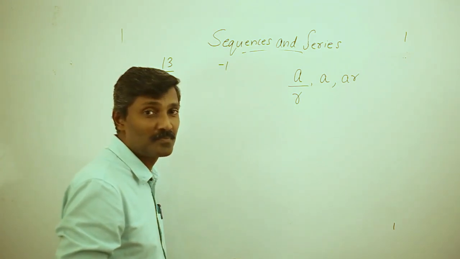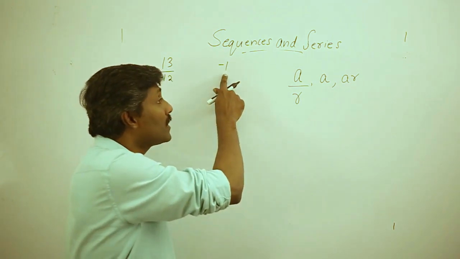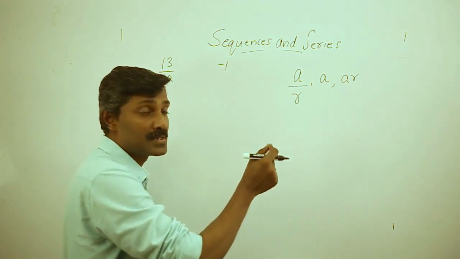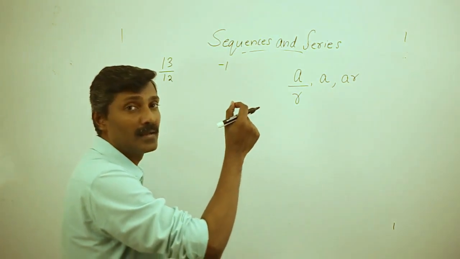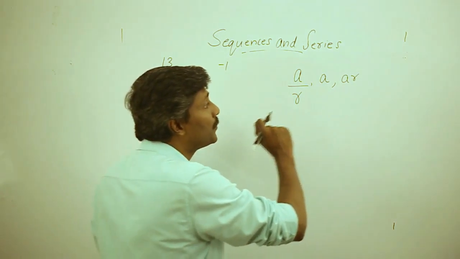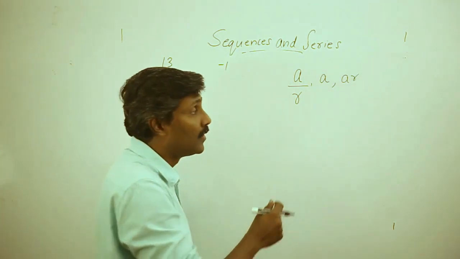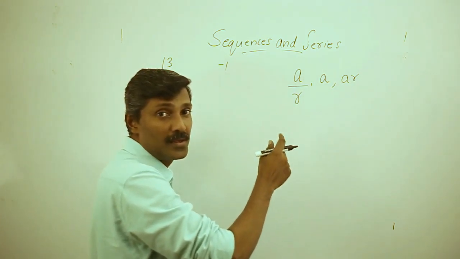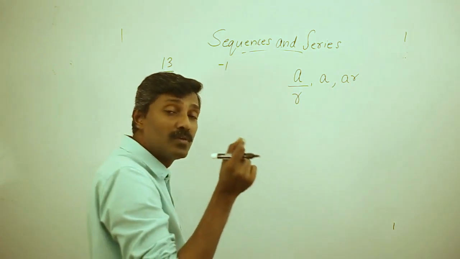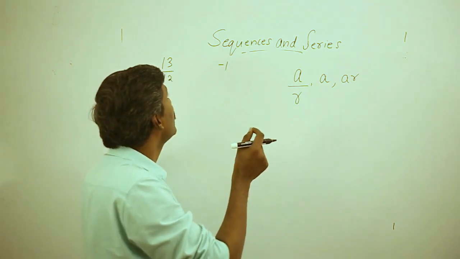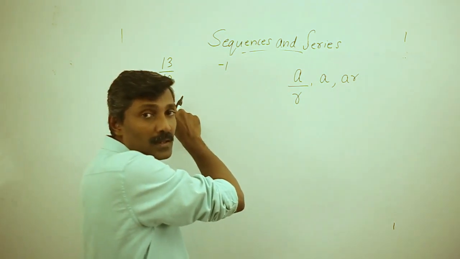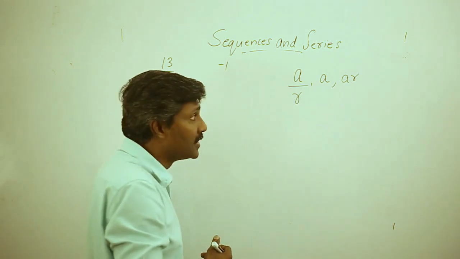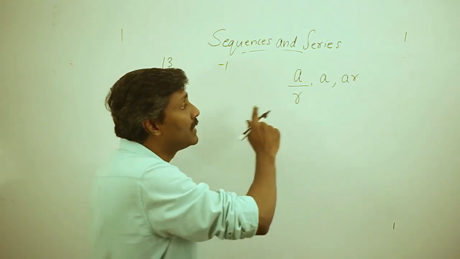Any idea? Because the product is given, right? So if we take the 3 terms as A by R and A and AR, when we multiply these 3 terms, obviously the R will get cancelled and you get A cube is equal to minus 1. You will get A from that, and once you get A, you can substitute in the sum and you can find out the value of the missing term. Okay, so that's why we have taken the three terms like this.